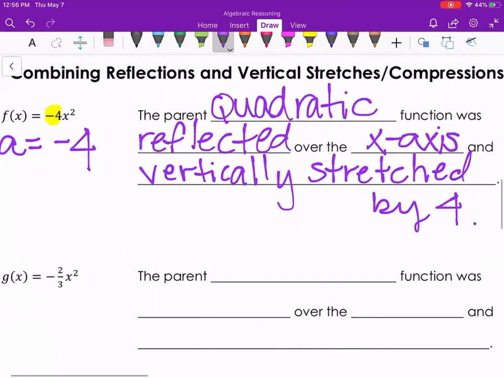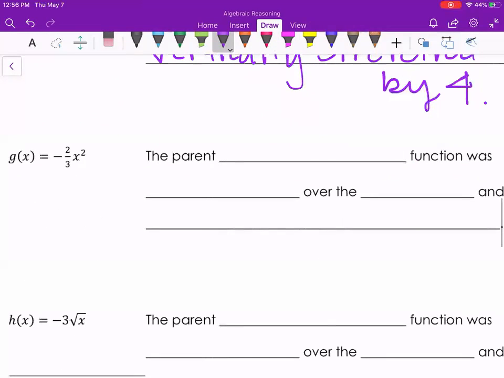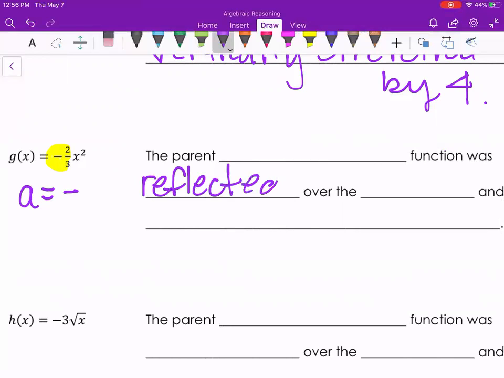Let's try another one. Again, start with what your A value is. It's negative 2/3. So A is negative, which right away tells me reflected over your x-axis. Then the rest of the number, 2/3, tells me the stretch or the compression.